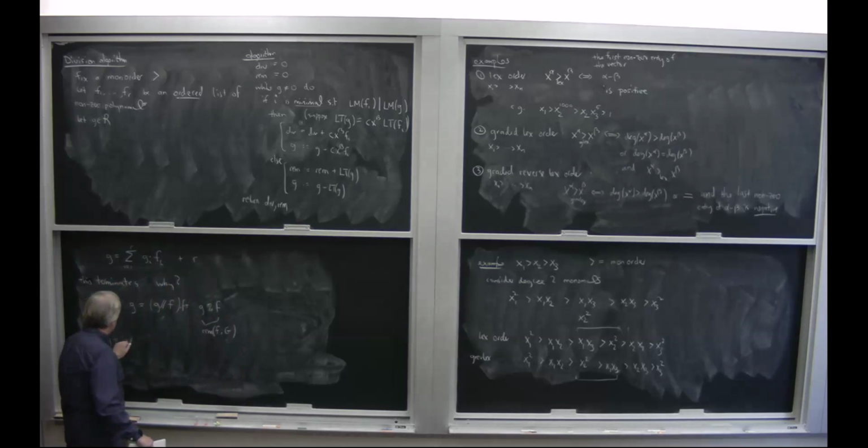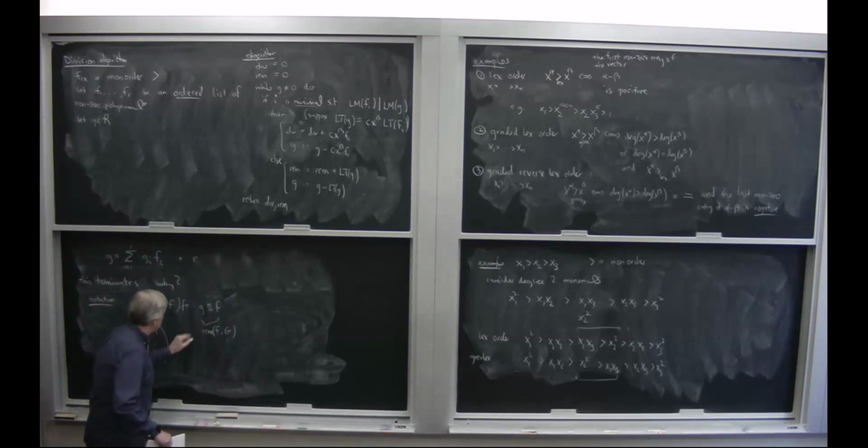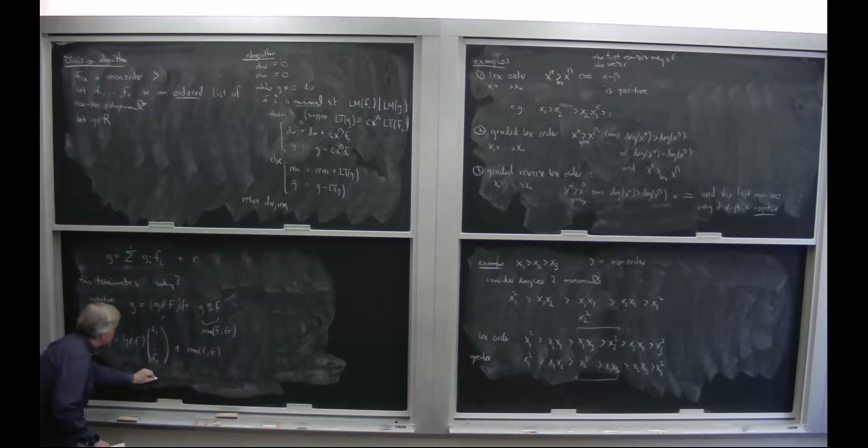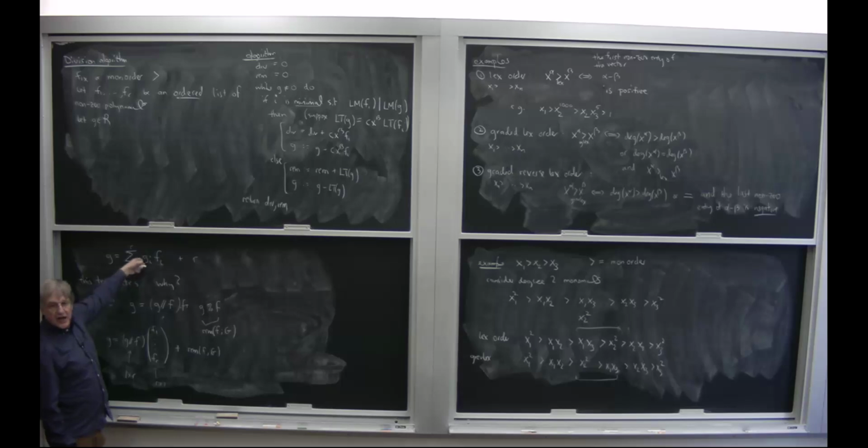This is going to be G//F times the vector F1 to FR plus the remainder of this, which is either of these two things, say rem of F semicolon G. Okay, what is this? This is an R by 1 matrix. This is a 1 by R matrix of all of these GIs.